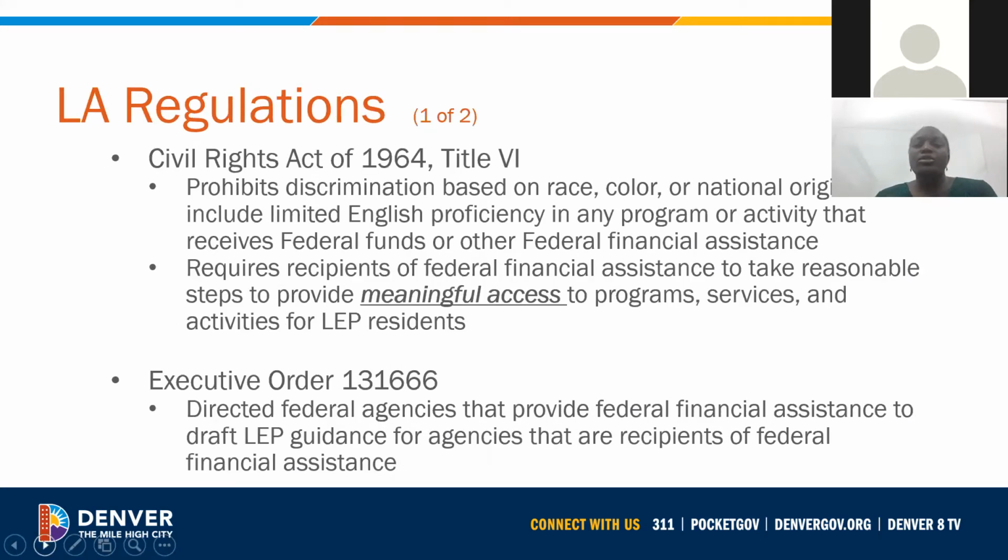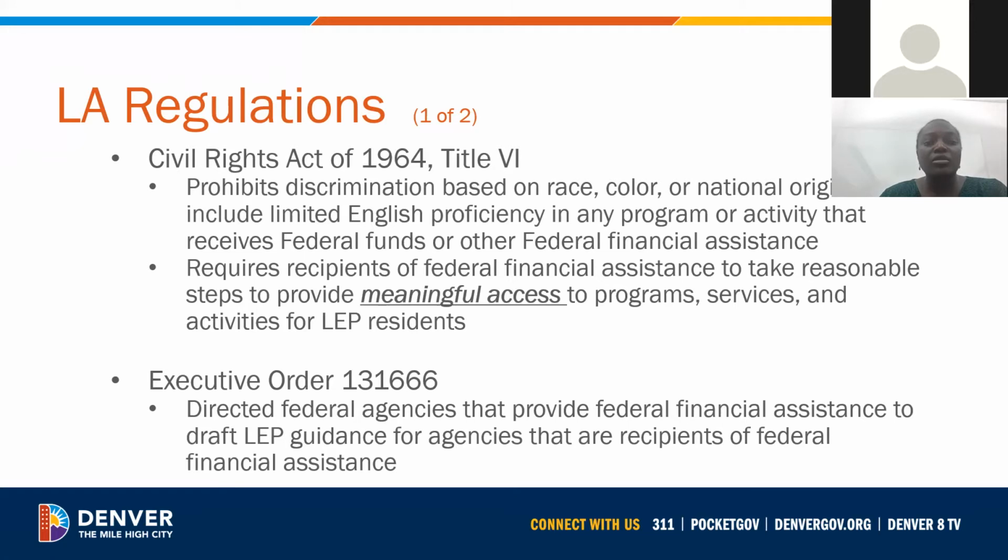So where do these regulations come from? Why do we have to engage in language access and provide meaningful access? The Civil Rights Act of 1964, Title VI, and you all might hear Title VI used very generally, but it comes from the Civil Rights Act. It prohibits discrimination based on race, color, or national origin, and that includes individuals with limited English proficiency.